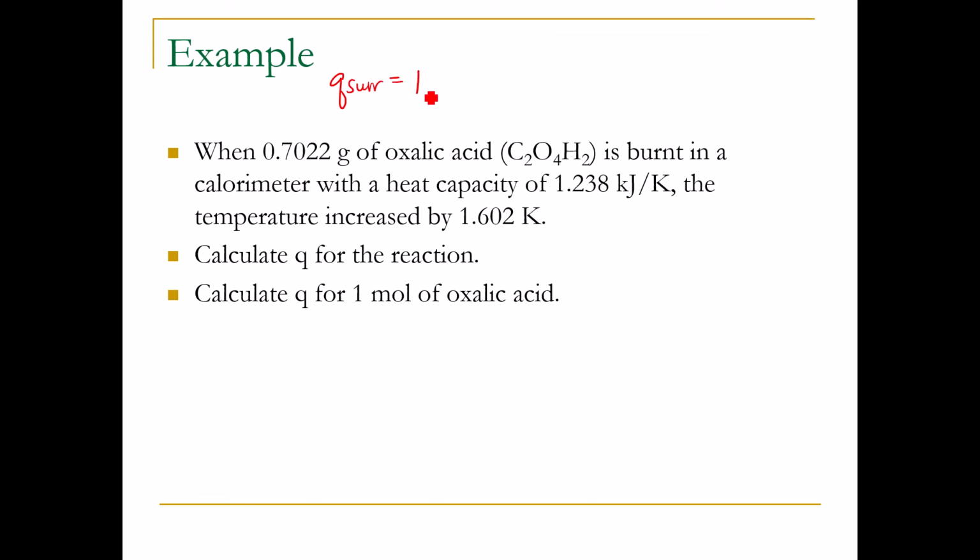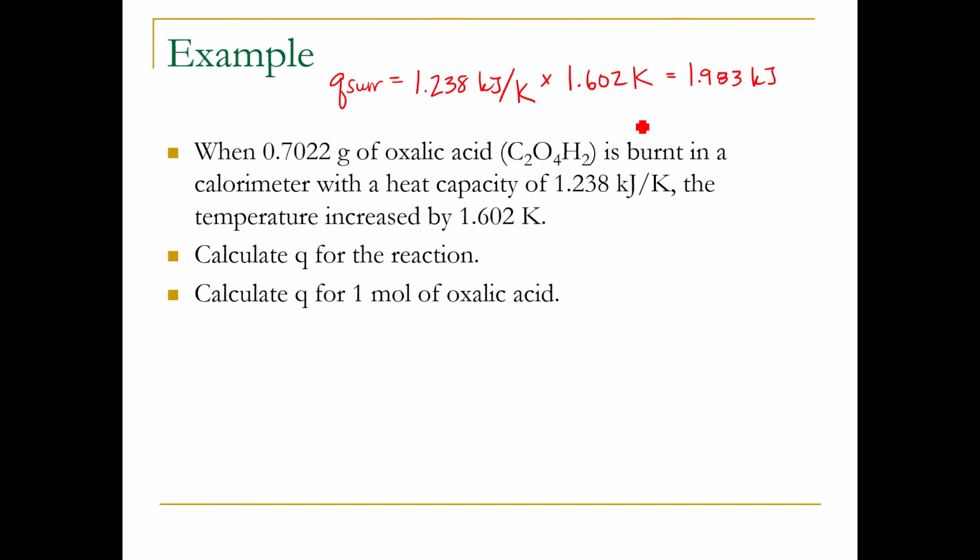So I have 1.238 kilojoules per Kelvin times my temperature change. All right, this will give me my kilojoules. So I had 1.983 kilojoules. All right, so that's the amount of heat that went into the water, into the calorimeter.